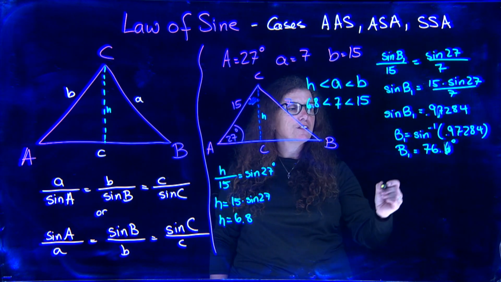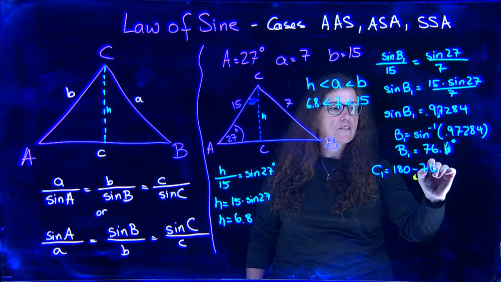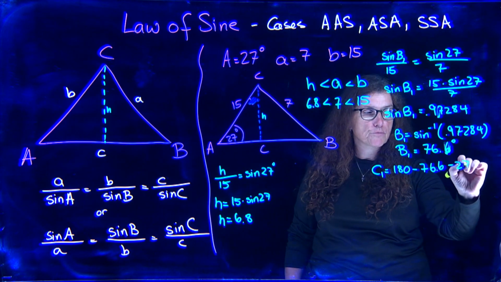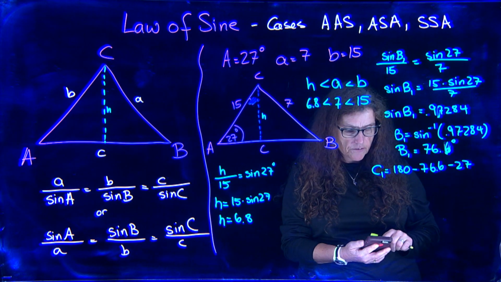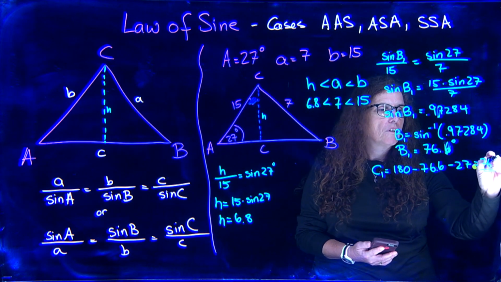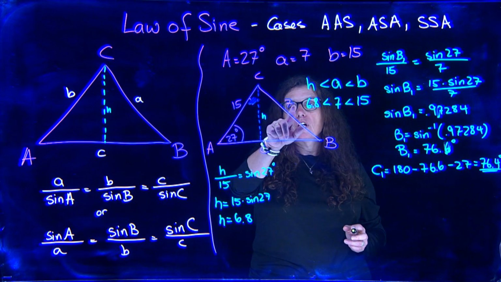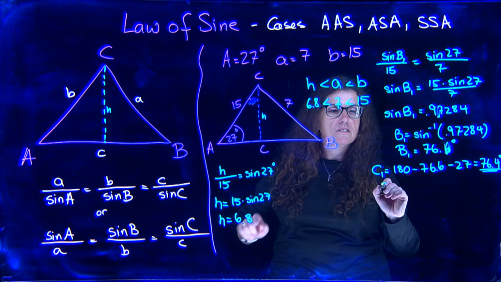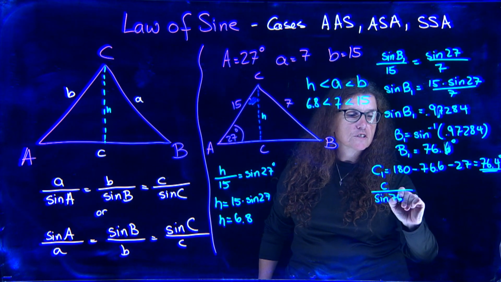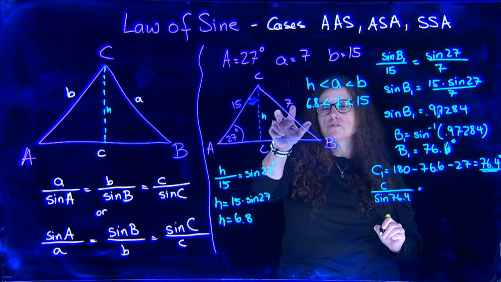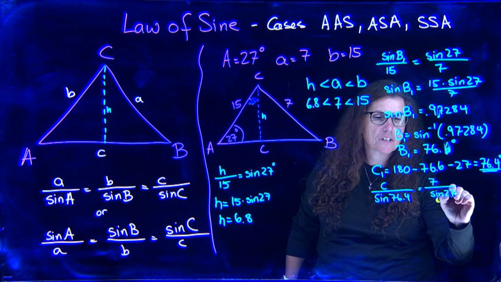Now we can easily find C1. C1 is 180 minus 76.6 minus 27, which is 76.4. They're all the same, 76. Here you go. And we have B. Let's find side C. Sine of 76.4 over C equals, I'm going to use A, 7 over sine of 27.